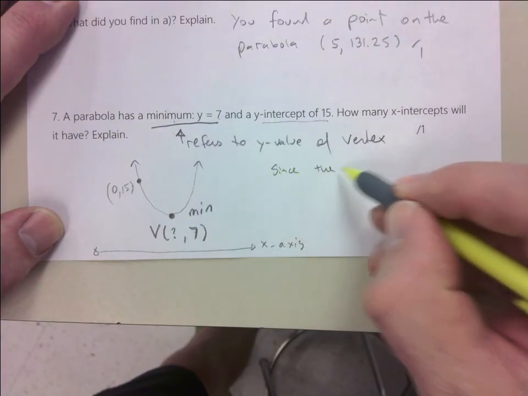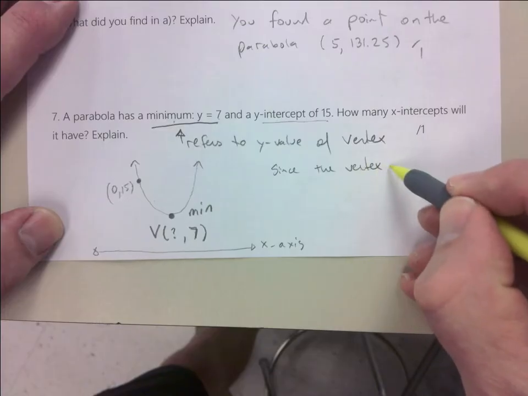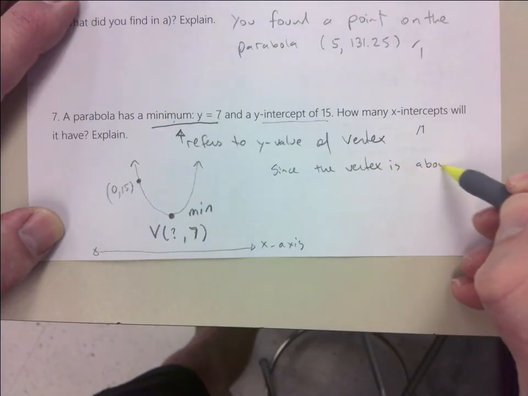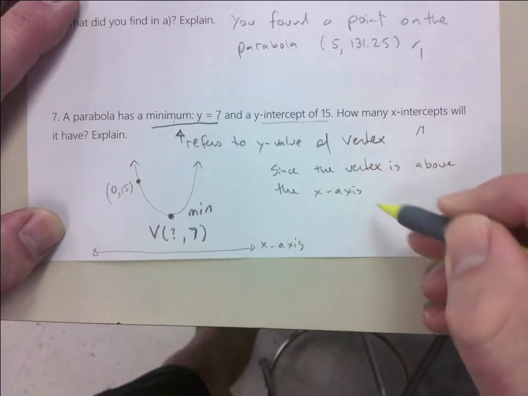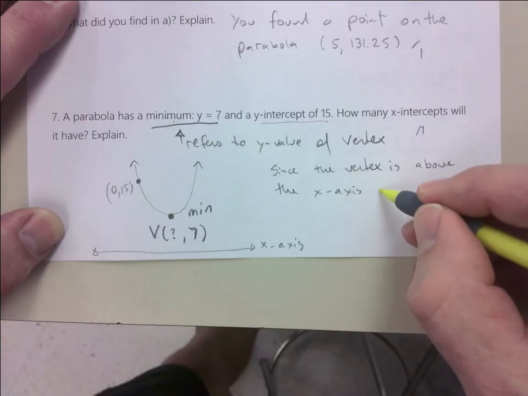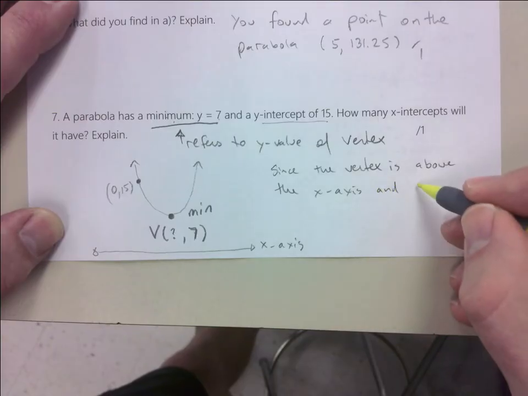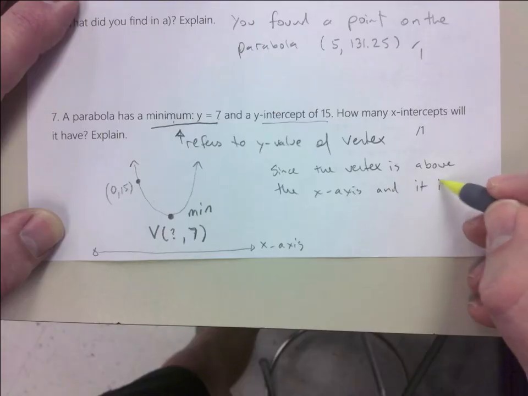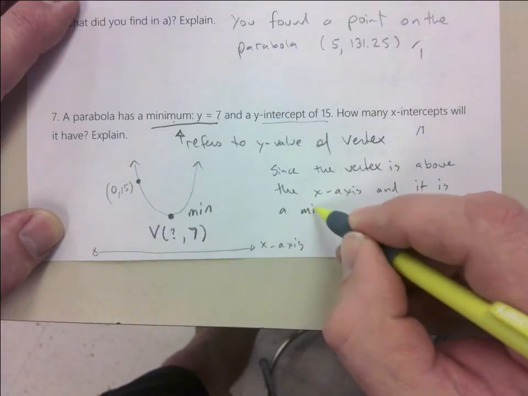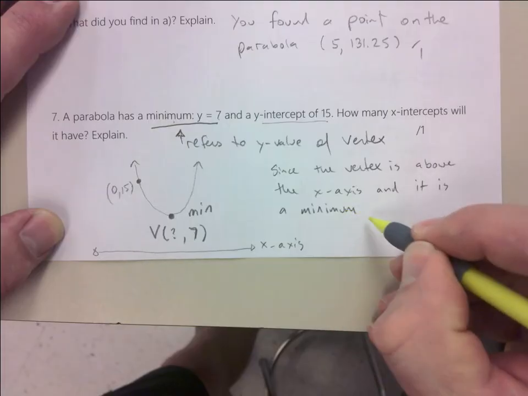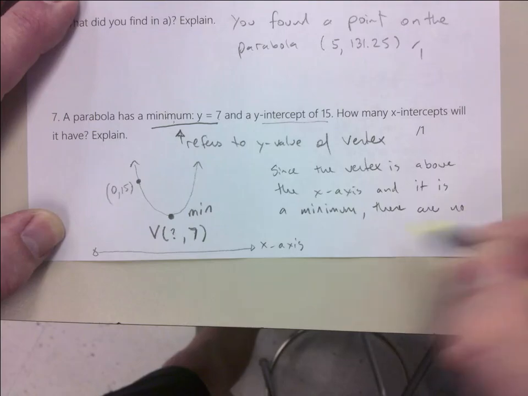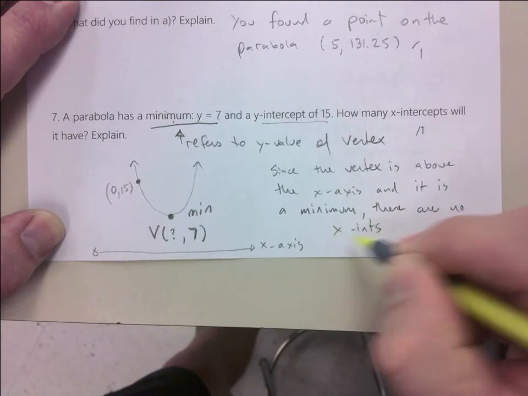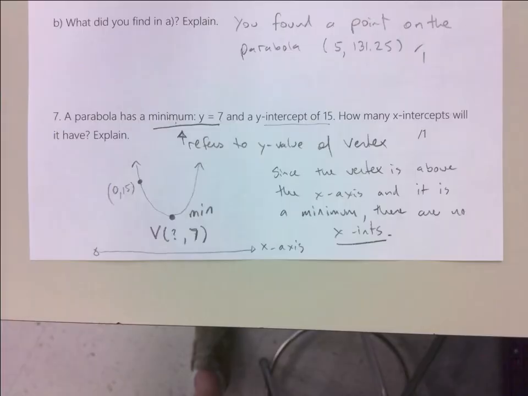Since the vertex is above the x-axis and it is a minimum, there are no x-intercepts in this case.